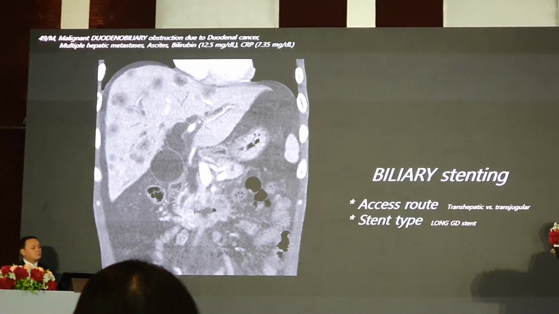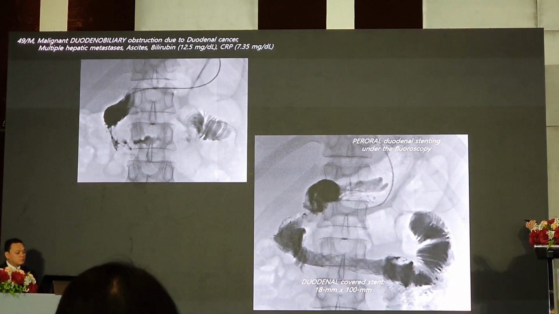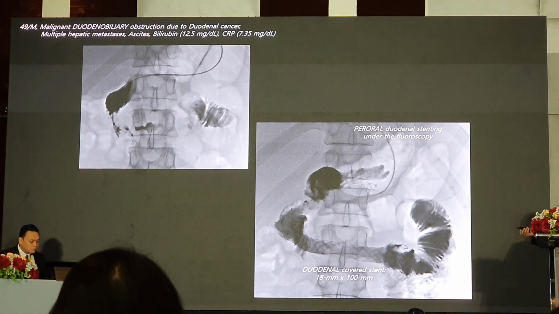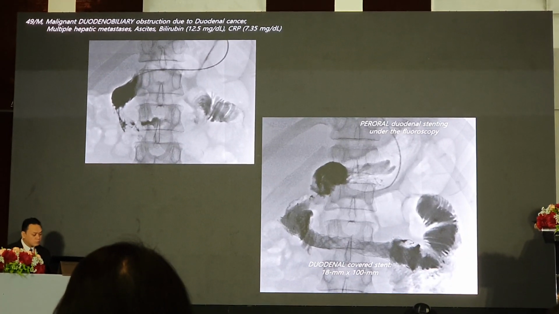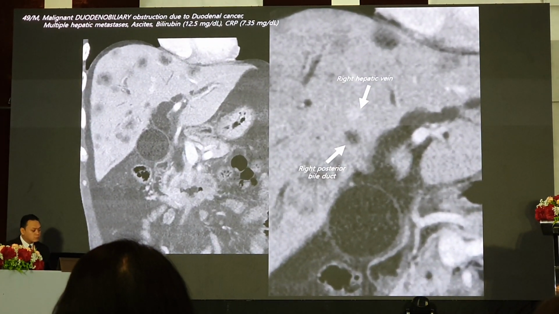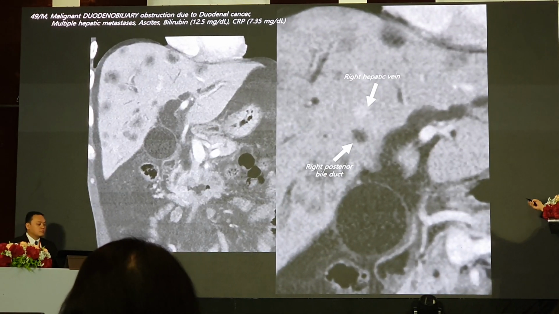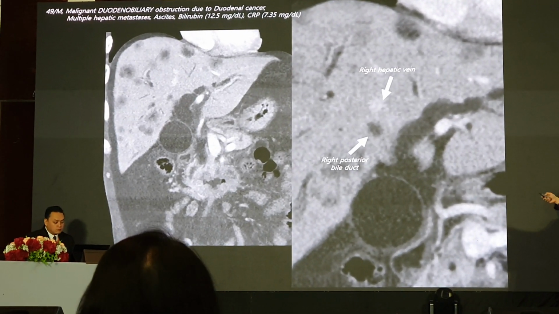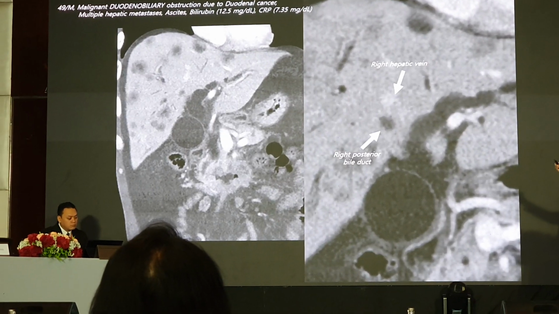So in this patient, we initially performed duodenal stenting using a covered stent, and then on the coronal CT scan, you can see the right hepatic vein and the right posterior bile duct are very close.